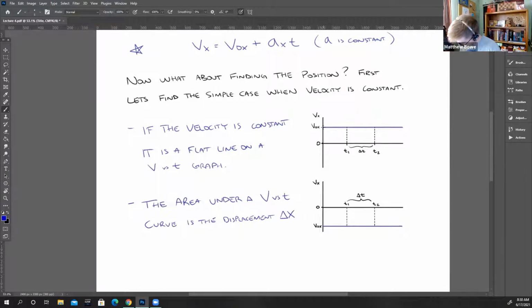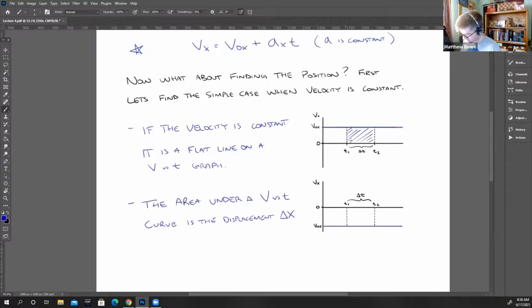So right here, this positive velocity, the area under the curve from, say, time 1 to time 2, that's going to be this delta t. The area in that specific region right there, that is the change in position. Just that area right there.